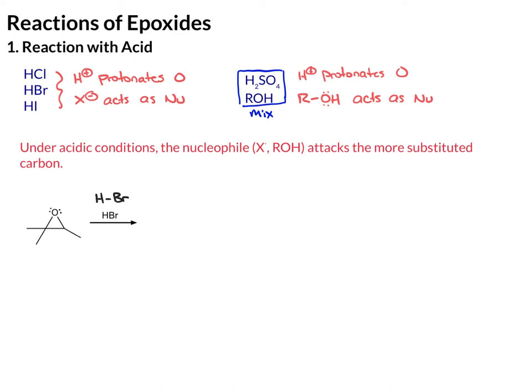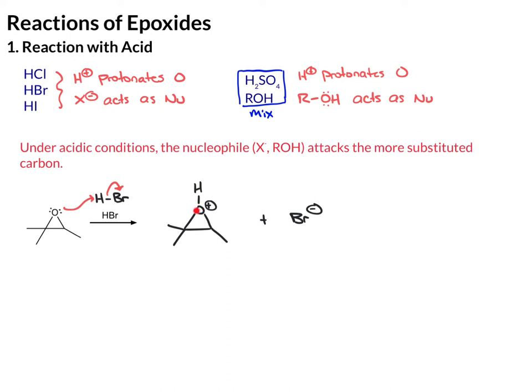So start at the oxygen lone pair and draw a curved arrow to the proton. And then we need one more curved arrow to show those electrons leaving the proton and going on to the Br. So here we end up with a protonated epoxide plus Br minus.